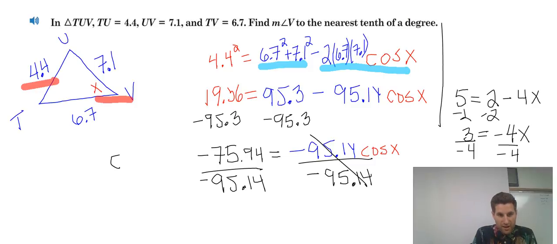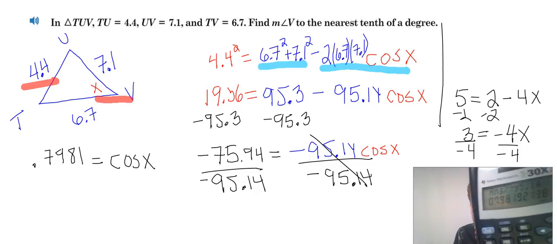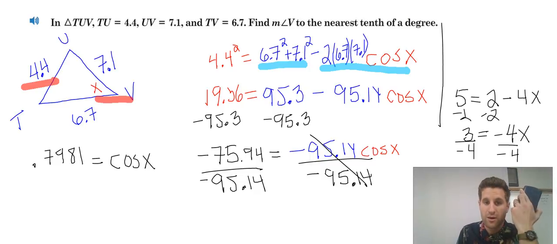And we get cosine of x equals 0.7981. I like to write out to 4, but I have it in my calculator, don't I? Last step, I need to get rid of the cosine.